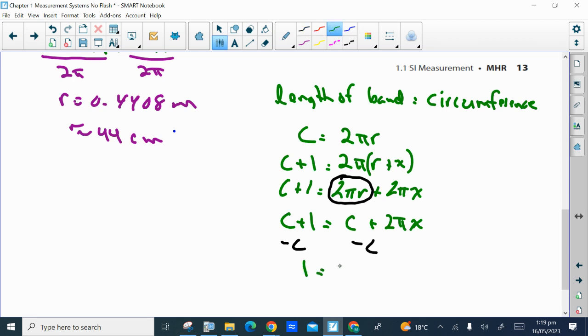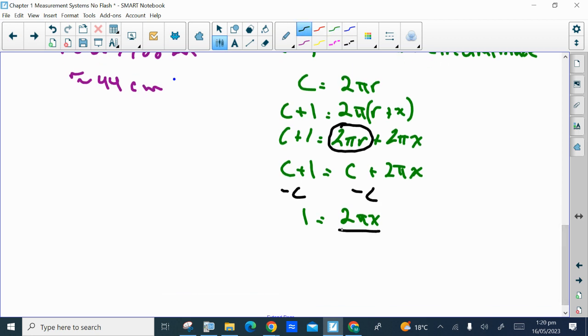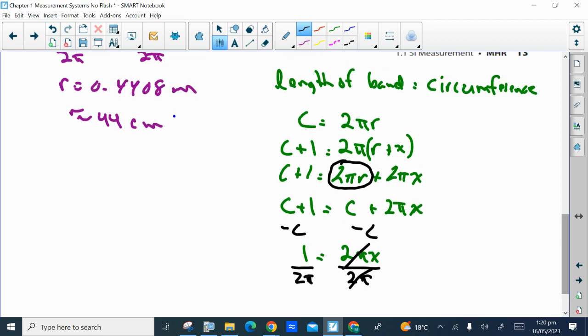So 1 will equal 2 pi x, and then we will divide both sides by 2 pi to get x by itself. So x will equal 1 over 2 pi. That's the increase in the radius if we add 1 onto the circumference. Now, again, that would be in meters.